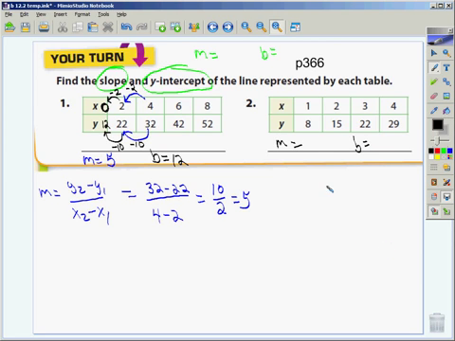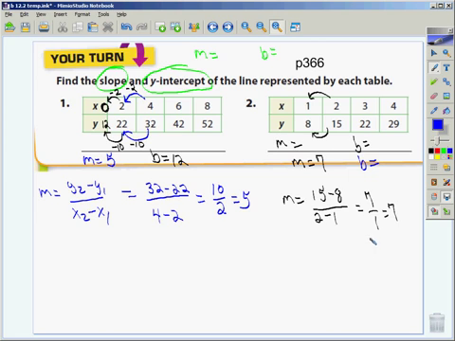So, on number 2, the slope would be 15 minus 8 over 2 minus 1. Or 7 over 1, which is 7. So the slope is 7. What do we know about the y-intercept?